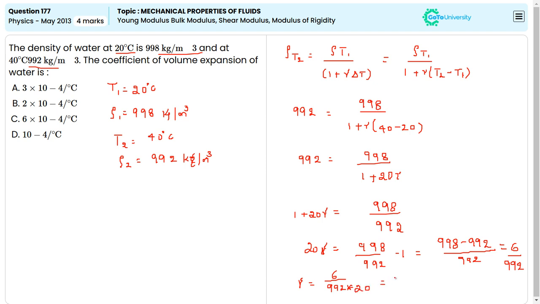We get the value, that is almost 3 into 10 to the power of minus 4 per degree centigrade, which is the gamma value. Option 3 into 10 power of minus 4, option A is our right answer.